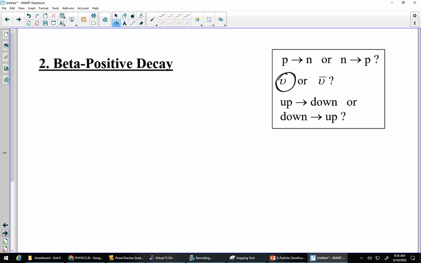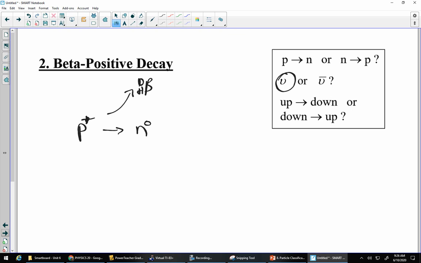In this case, a beta positive decay, it's getting rid of a full positive charge. So we're probably going to go with a proton into a neutron, plus 1 to 0, right? And in doing so, it kicks out that beta, 0 and positive 1.